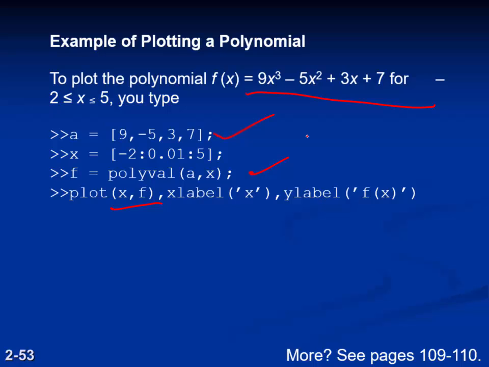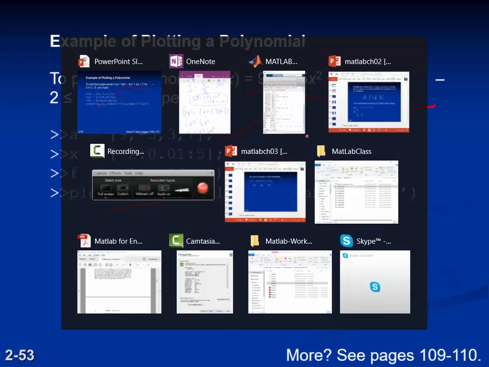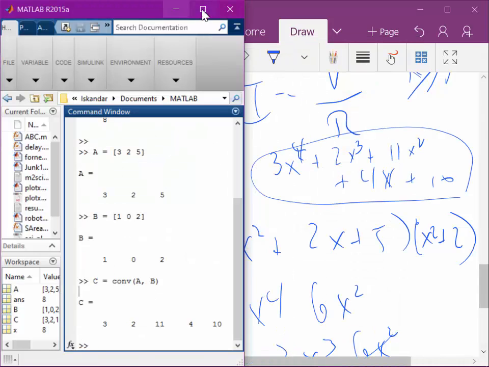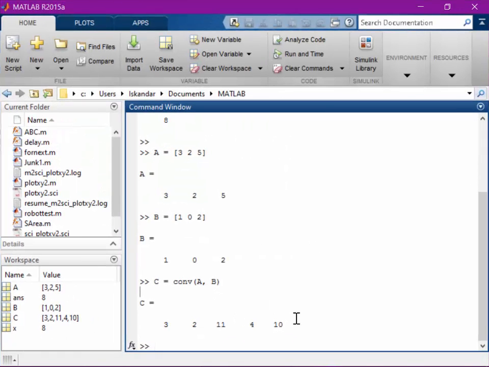So I'll give you an example, and I'm just going to pick a random polynomial. I'm going to pick 3x squared plus 2x plus 5 or something like that, and plot it from -10 to +10. Actually, what we're going to do is say that a is equal to, what did I say, 5x squared, 3x, 11.